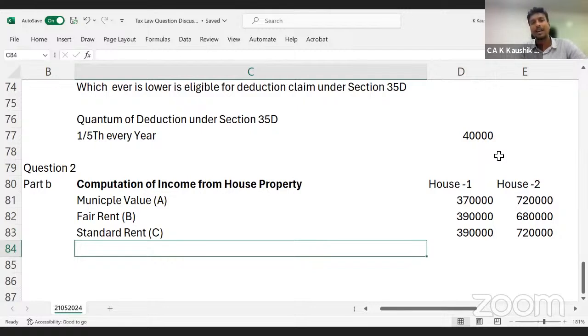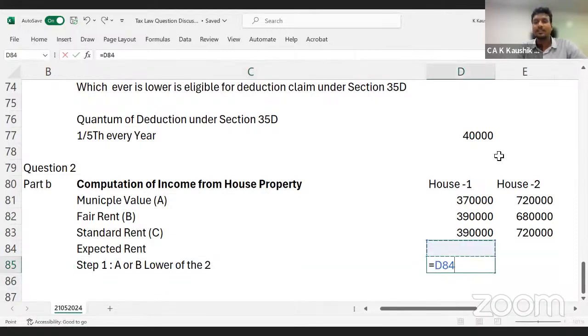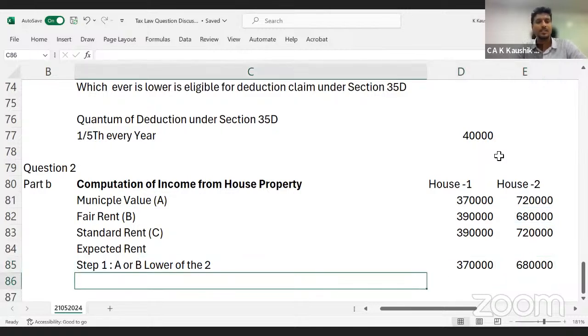Now we'll have to calculate the expected rent. Expected rent, step 1, A or B, whichever is lower. Lower of the two. What is lower of the two? In this case, it is 3,70,000. In this case, it is 6,80,000. Step 2: Step 1 or C, whichever is higher.